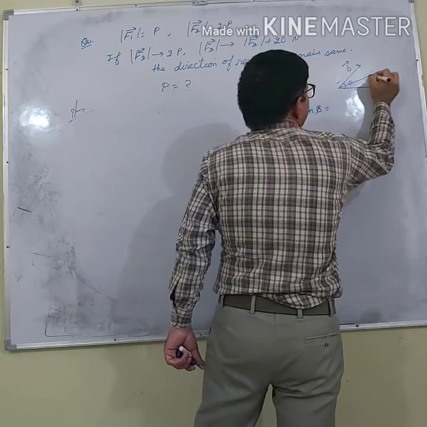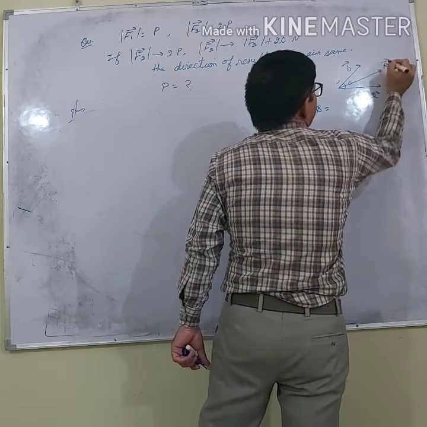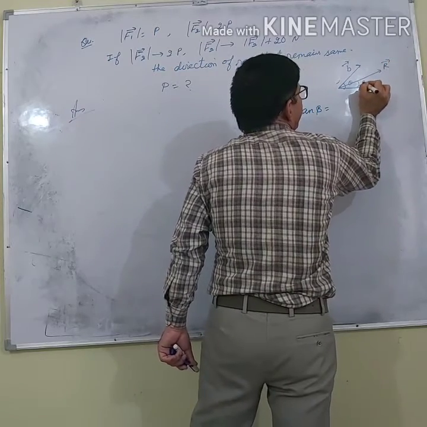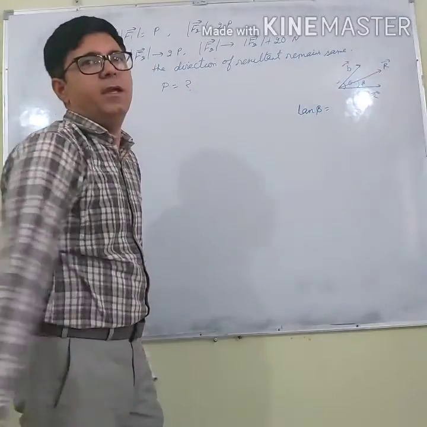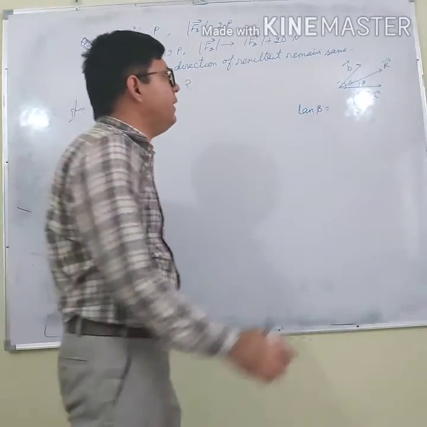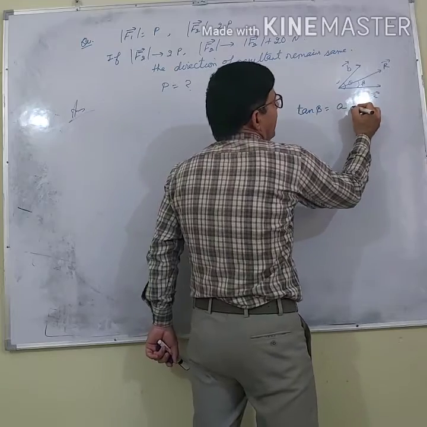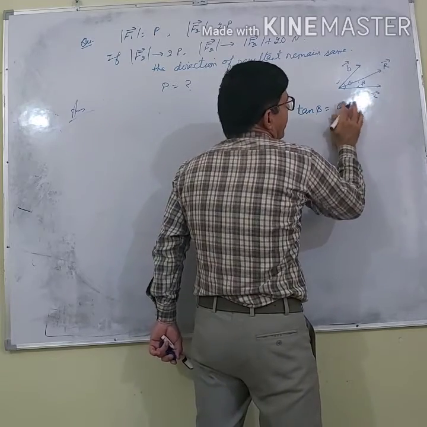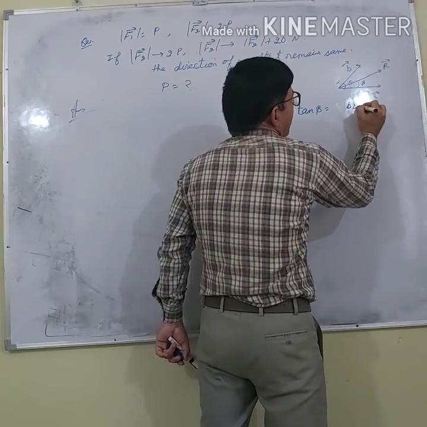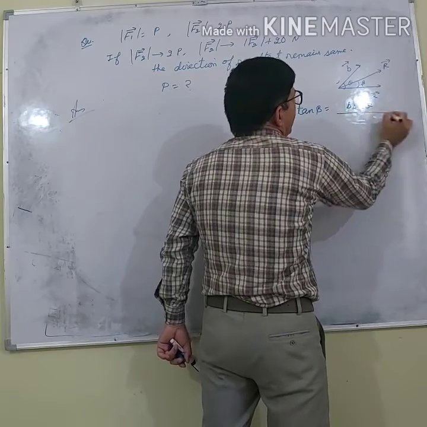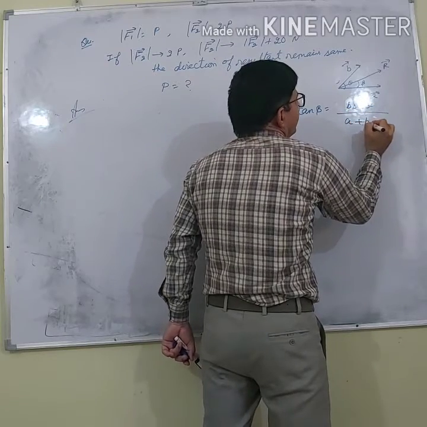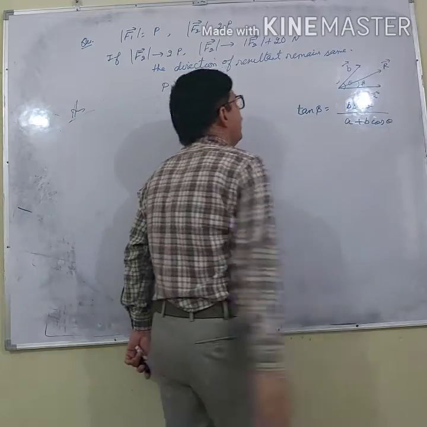Let us say this is the resultant. It makes an angle beta with A. Then what was the formula of tangent beta? We have done it: tangent beta equals B sin theta divided by A plus B cos theta.